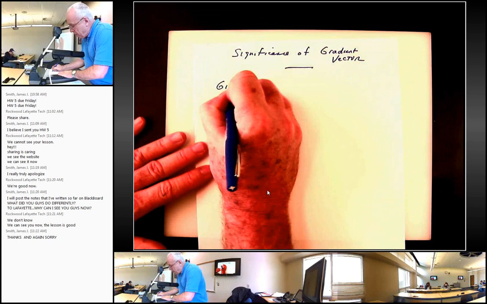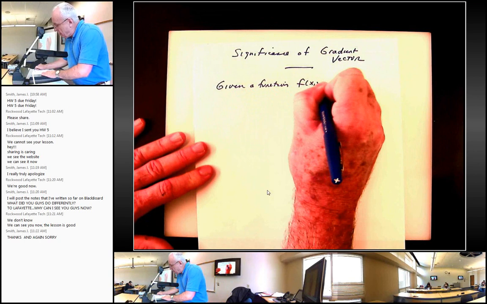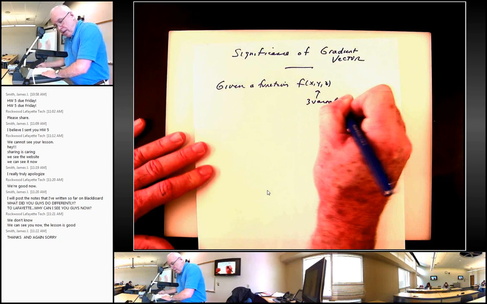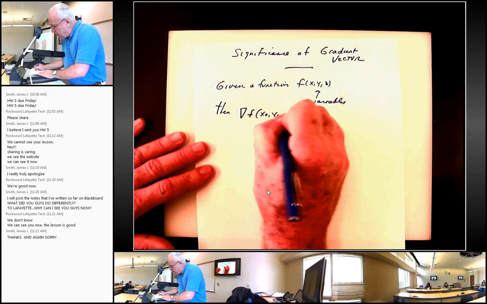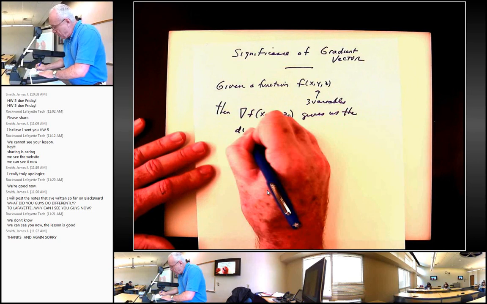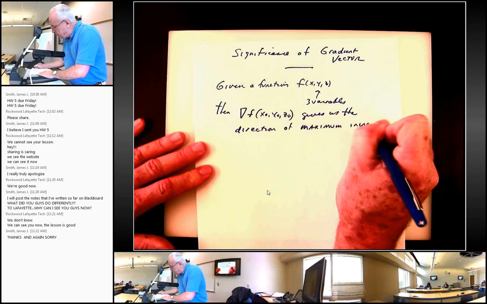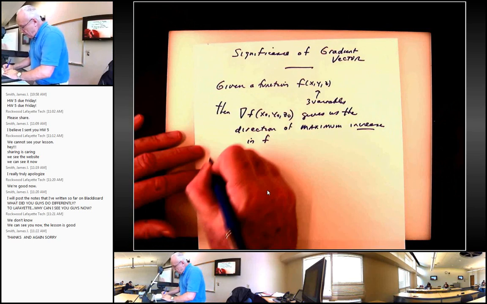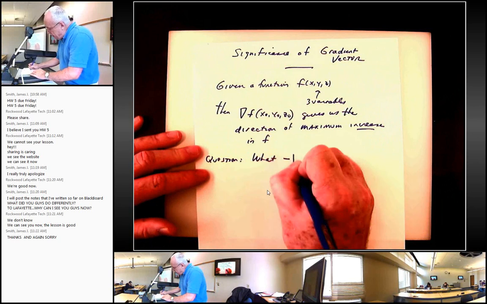So given a function f of x, y, z, where we have, say, 3 variables, then gradient f at x naught, y naught, z naught gives us the direction of the maximum increase in the function. What does minus the gradient give us?